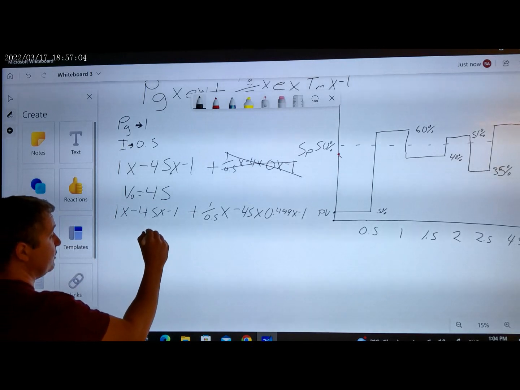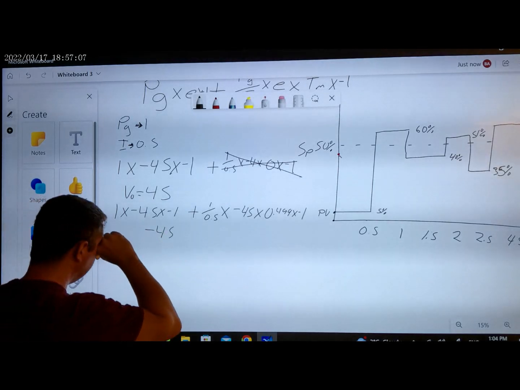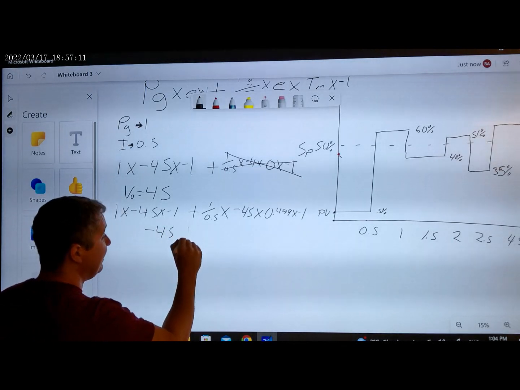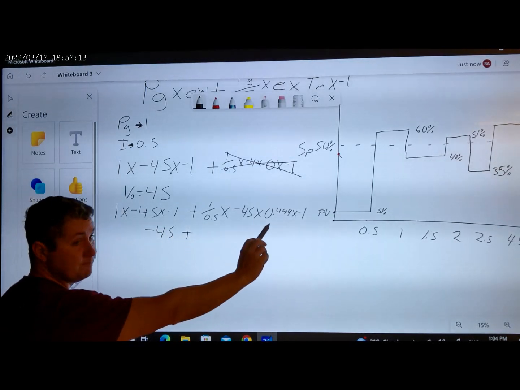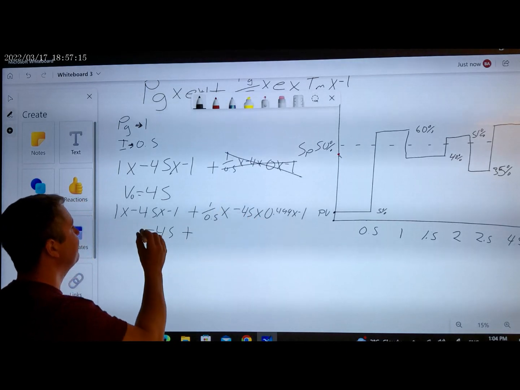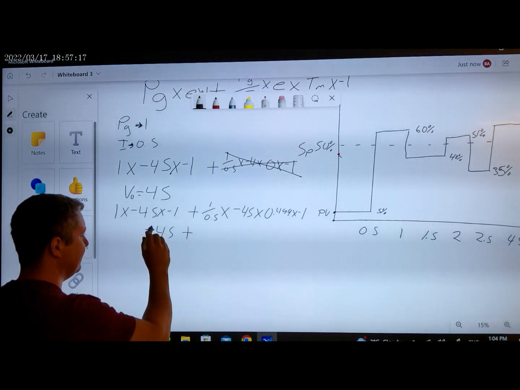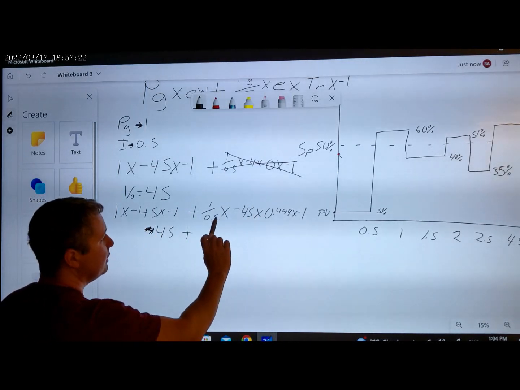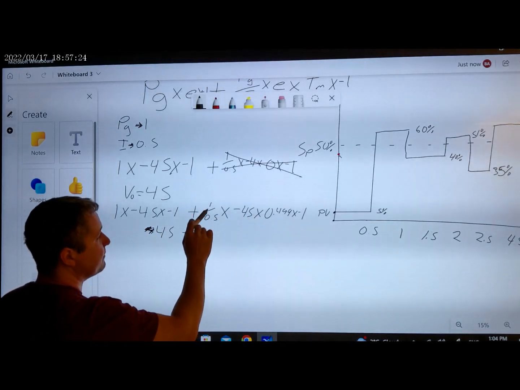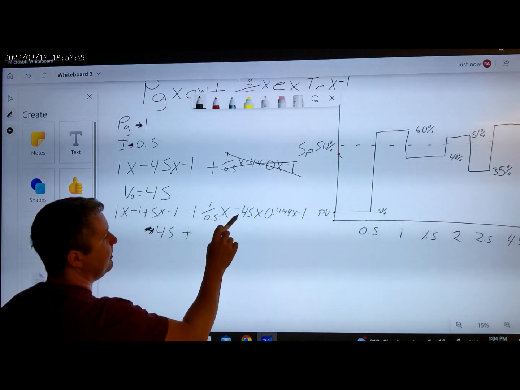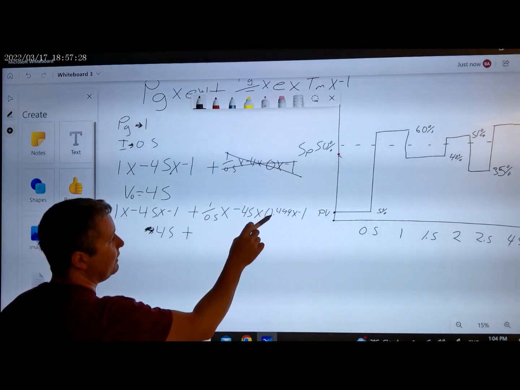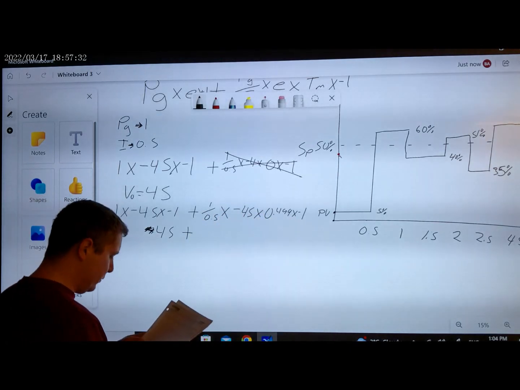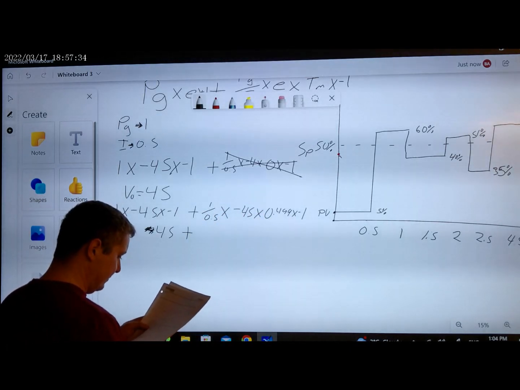portion equals minus 45. Excuse me, I have to sneeze. And then we add our integral. Pardon me? Sorry, that is 45, thank you. Not minus 45, it is 45 plus our integral, which is 1 divided by 0.5 times 45 times 0.0499 times minus 1 equals 90.